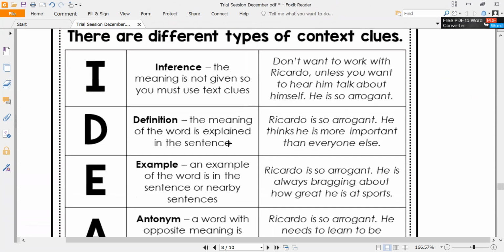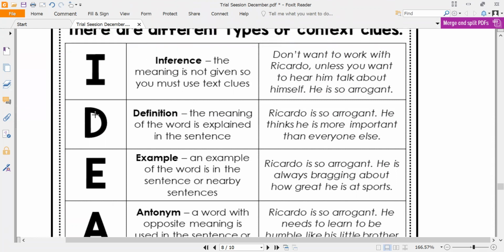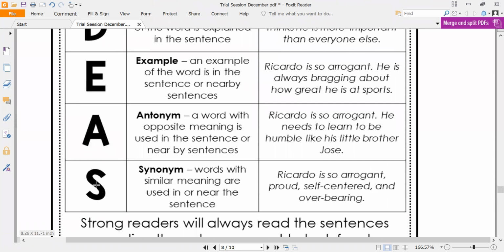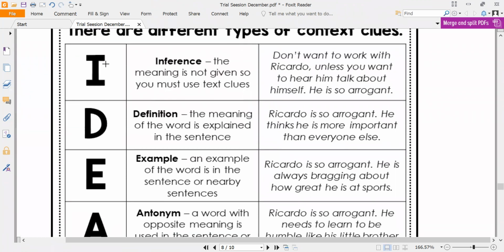First of all, we have IDEAS, which are clues or different ways to help me identify or understand the meaning of unknown words in a text. To help you remember them, the acronym of these words is IDEAS, each letter referring to a specific technique.